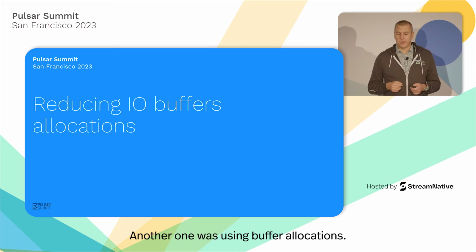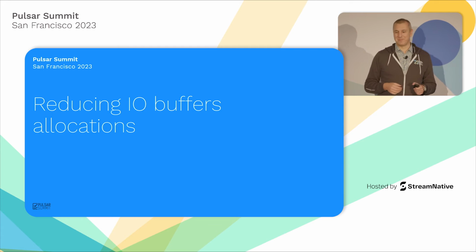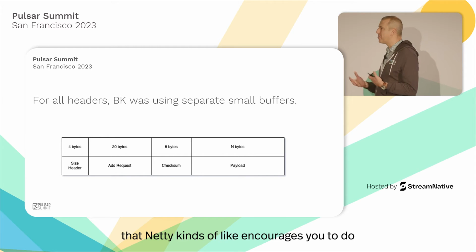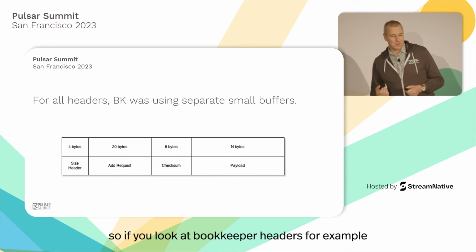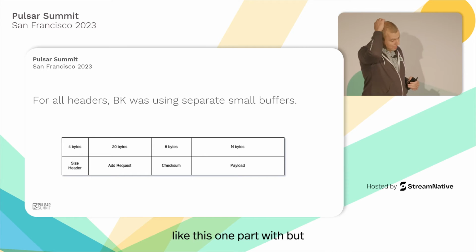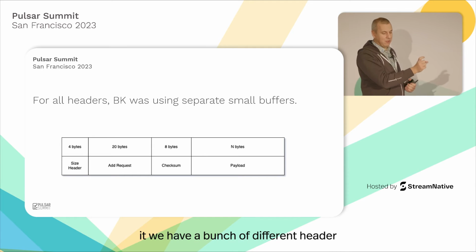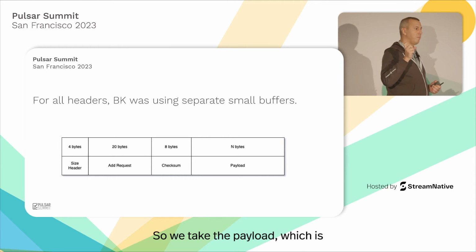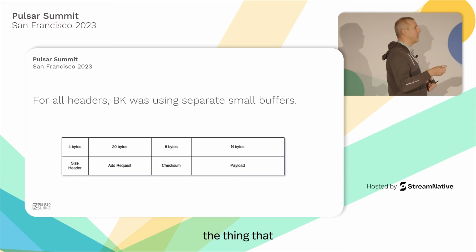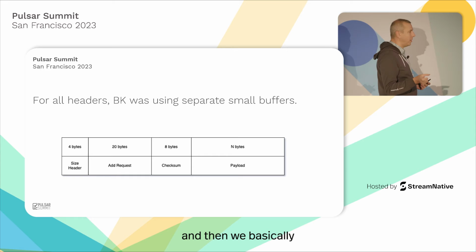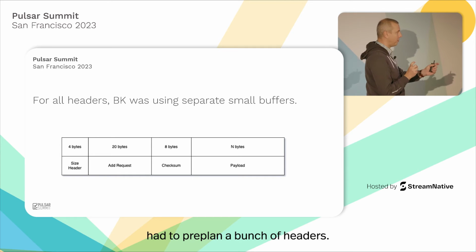Another one was reducing buffer allocations. Again, this comes from something that Netty encourages you to do. If you look at BookKeeper headers, for example, we have a bunch of different header sizes. We take the payload, which is the thing that the application sent to Pulsar, and then we have to prepend a bunch of headers.